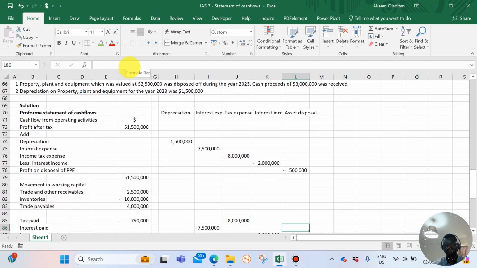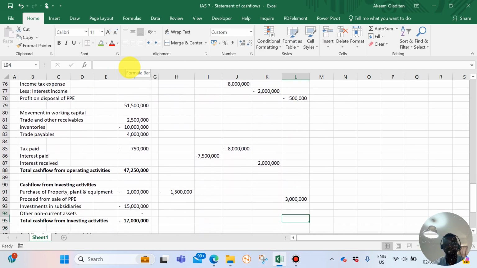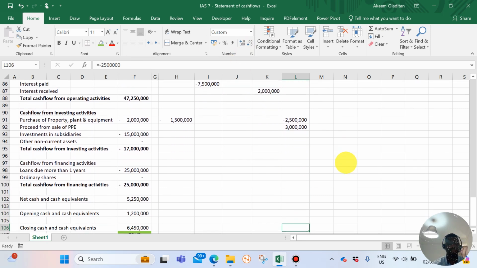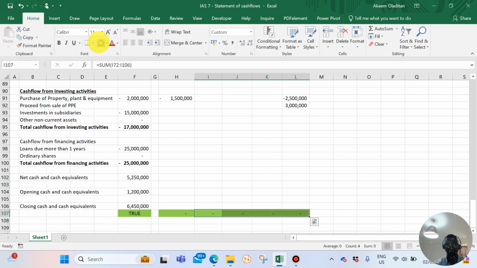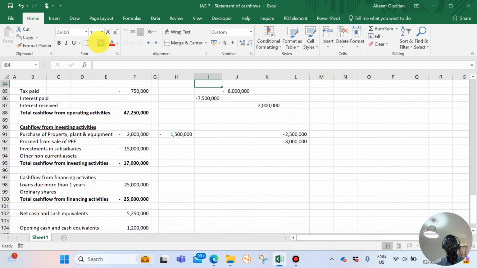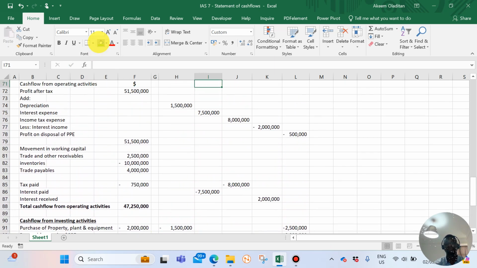That's one part, and also adjusting it, that is negative 2,500,000 against property, plant and equipment. So if you sum it together, all aspects should be 0. So let me do this. Yes, all 0.